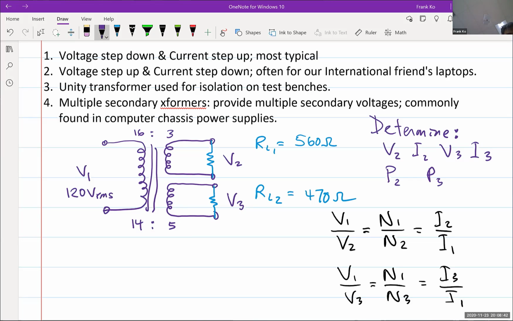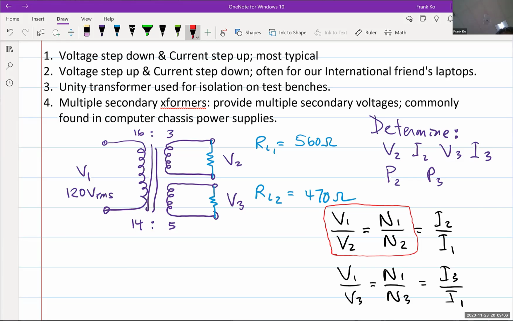You use V1 divided by, we use N1 divided by N2 first, and then we use the V1 divided by the result. Yeah, so we happen to have N1 over N2.